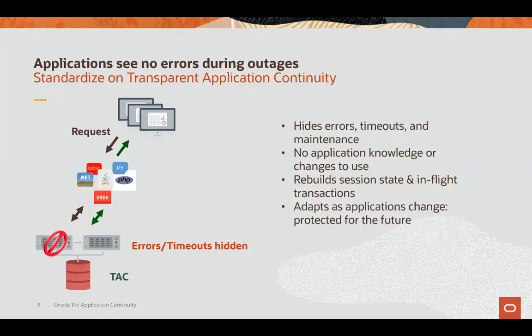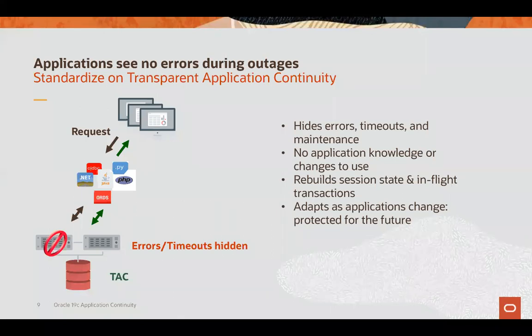So that request is recovered by application continuity in case of an outage. In this case, we have a RAC cluster and one of the servers goes down. So the initial request, which goes to the server that is shut down, will be recovered automatically and replayed on the second server by transparent application continuity without any other specific configuration on the database side.